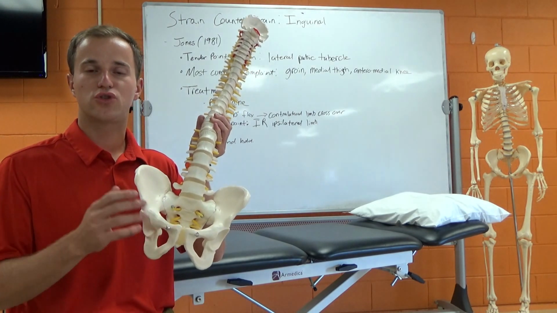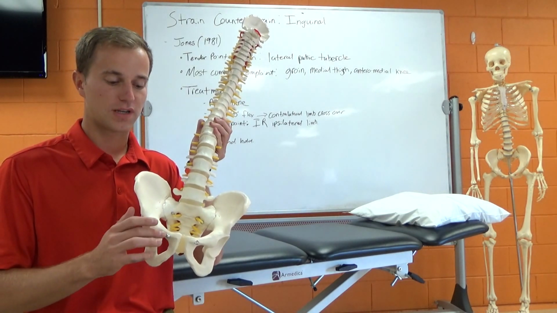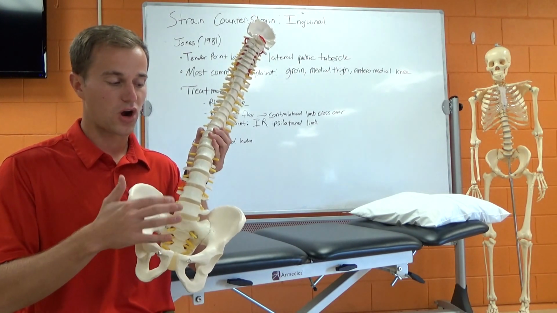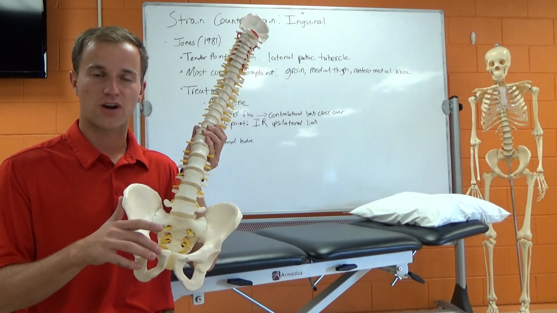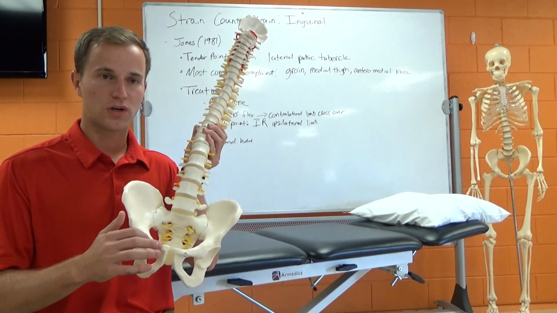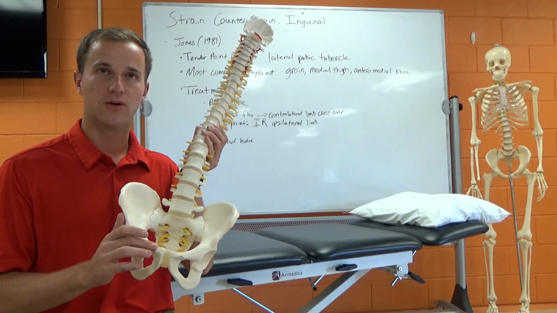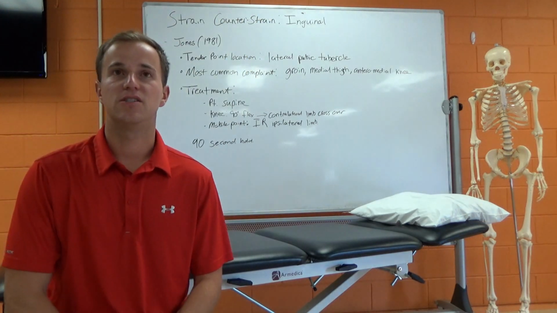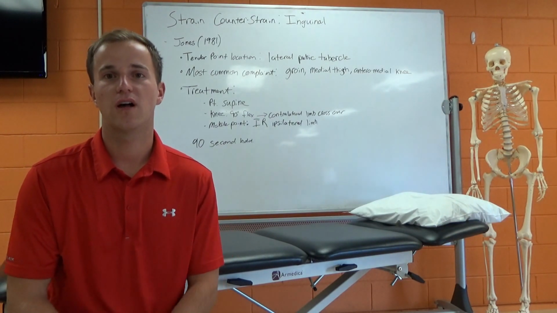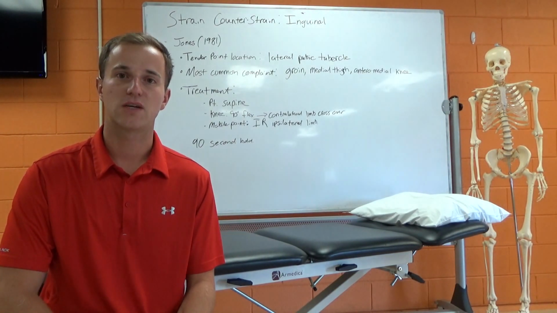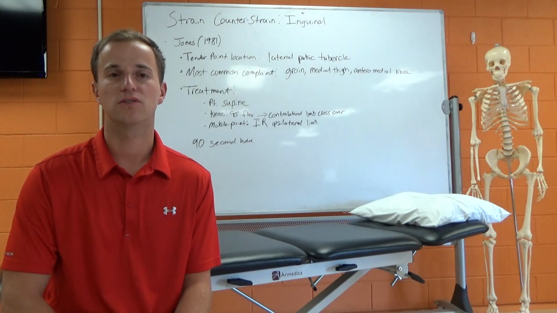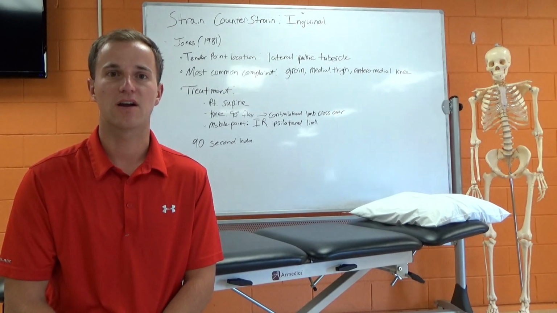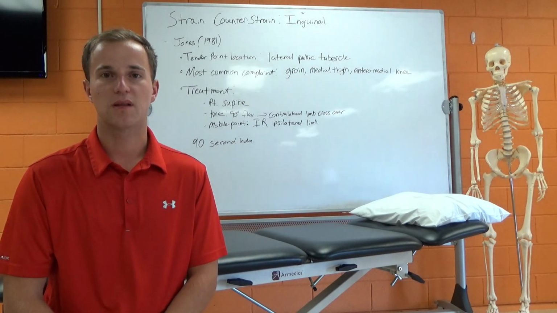You want to treat the tender point that is the hottest or most sensitive, the point that is the most proximal to the area described, and if you have multiple ones, you want to treat the tender point that's in the middle. This technique is used to affect the neurological electrical firing sequence to the intrafusal muscle fibers to the structures and muscles in that area. So now I will demonstrate this on the patient.